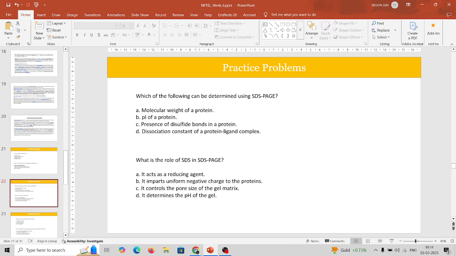Which of the following can be determined using SDS page? Molecular weight of a protein, PI of a protein, presence of disulfide bonds in a protein, or dissociation constant of a protein-ligand complex. B. Okay.